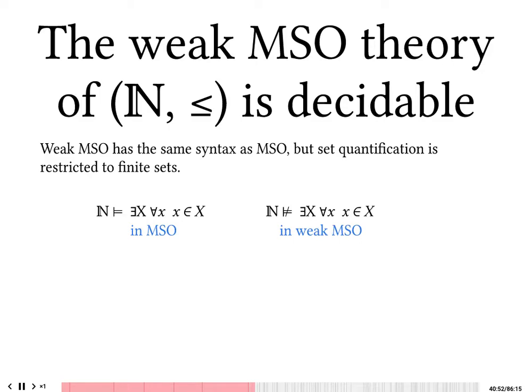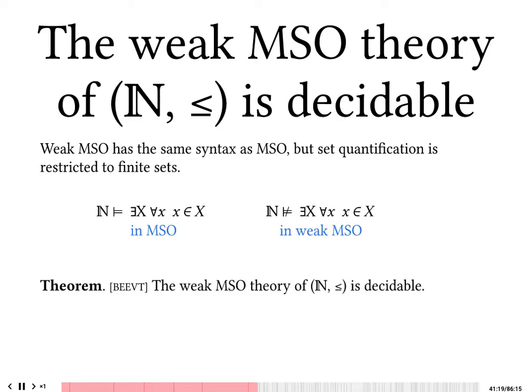As it turns out, using non-trivial automata theory, the converse is also true. Not over general structures, but over the ordered natural numbers, for every formula of full MSO, there exists an equivalent formula of weak MSO. But this is a non-trivial result, and I will not discuss it. Anyway, what we care about now is deciding weak MSO theory of the natural numbers.